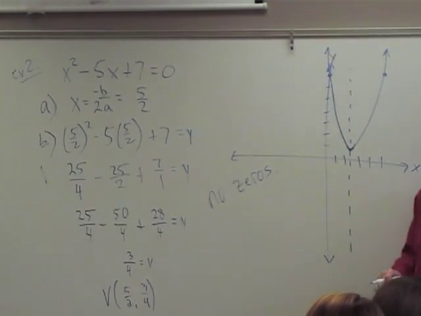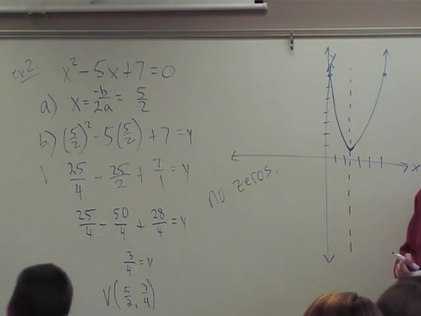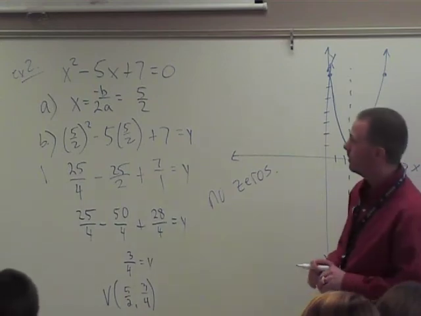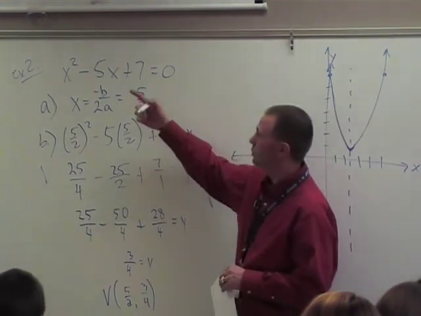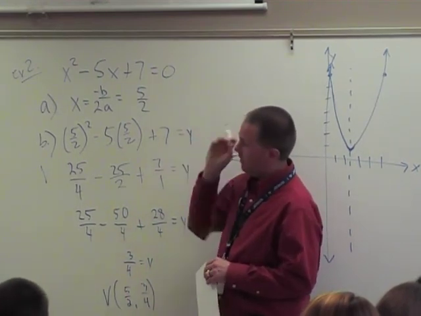Those two examples. Is there any way that it could not cross the x-axis and you'd still be able to factor it? Factoring it means that you're going to have a solution for x for it to equal 0.